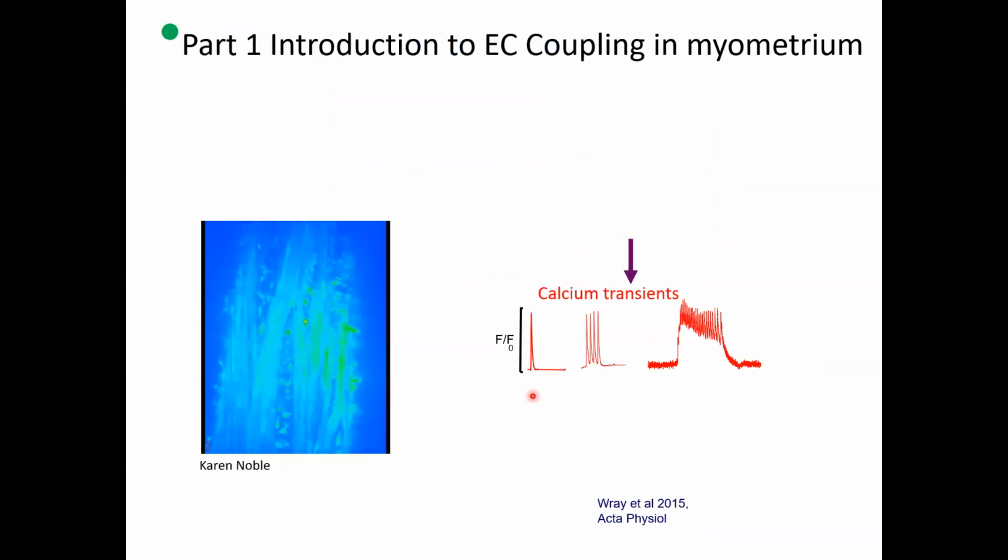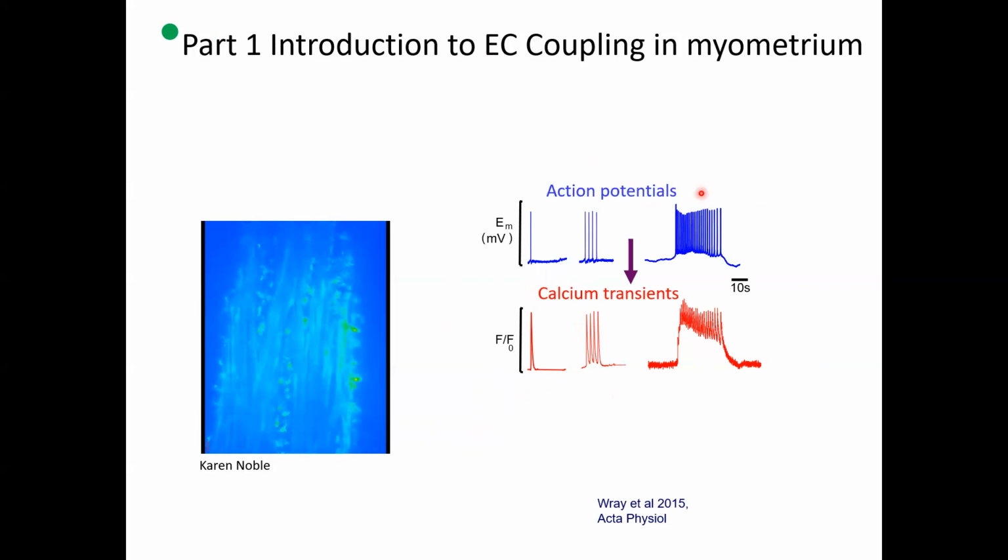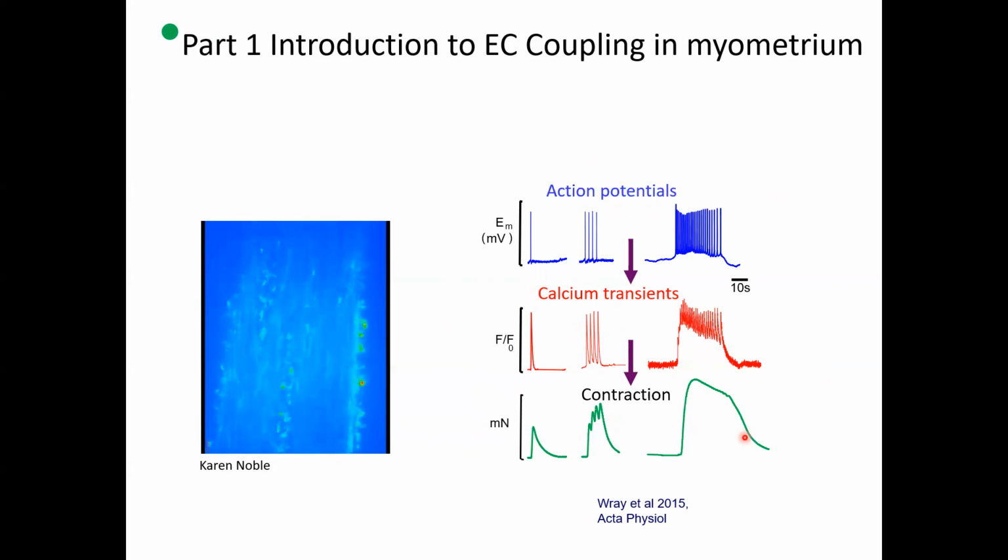So for EC coupling, you're looking there at a sheet of myometrial cells confocally loaded with Fluo-4, you can see calcium transients, and we've changed the number of transients by changing action potential stimulation. And you can see that clear relationship there. And of course, those changes in calcium are what give us alterations in muscle force, in this case, within the myometrium.